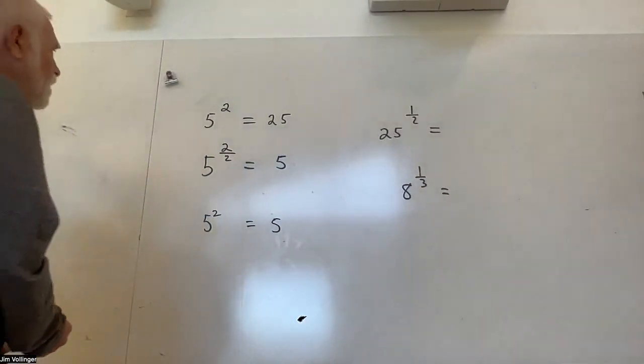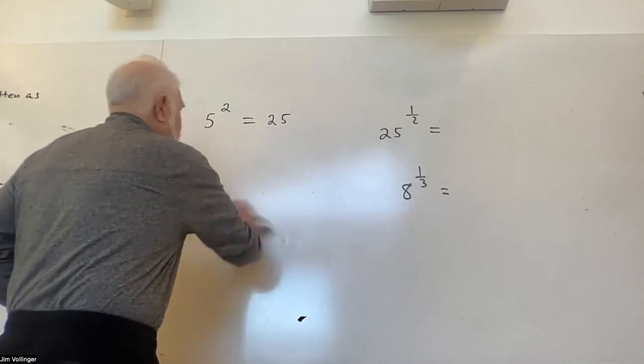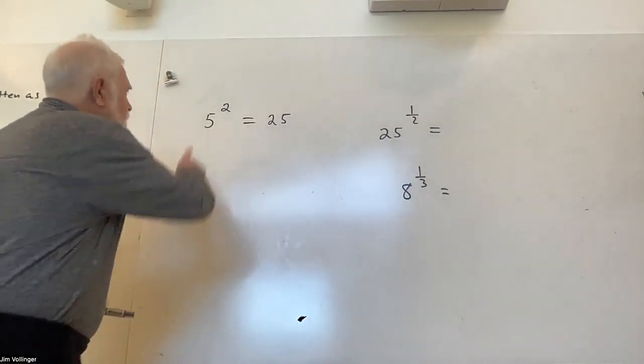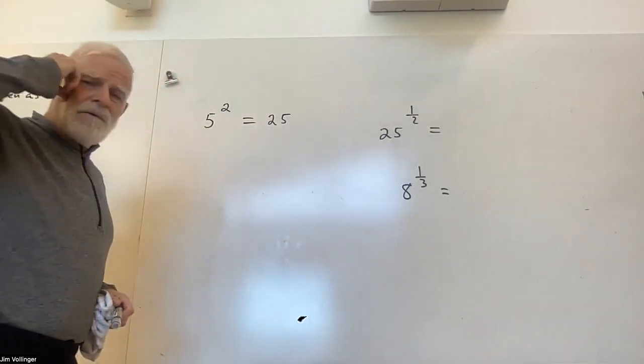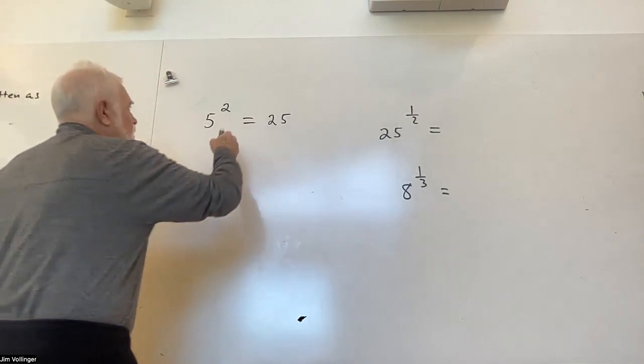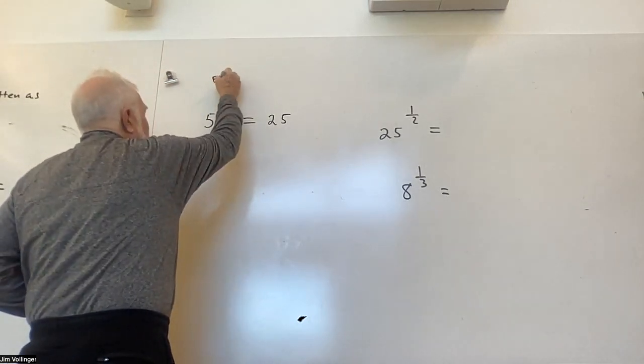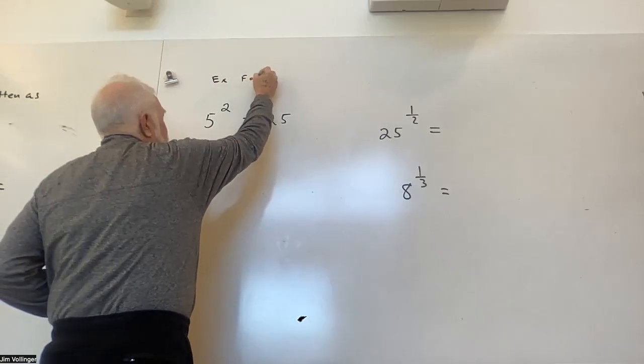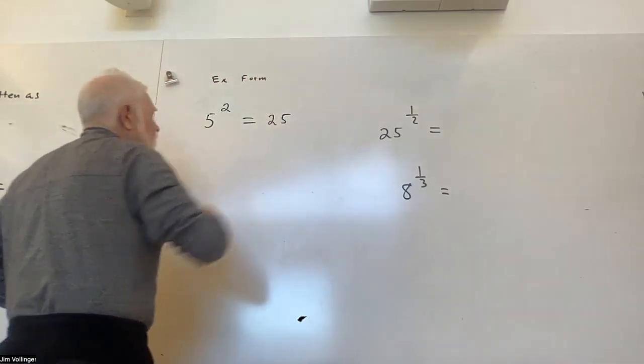Exponential operations. Well, I do believe, let me generate this rather than have it there already. 5 squared is 25. We know that to be true. And we just found what we call that exponential form. I think I have that written again down there, but repetition's our friend.